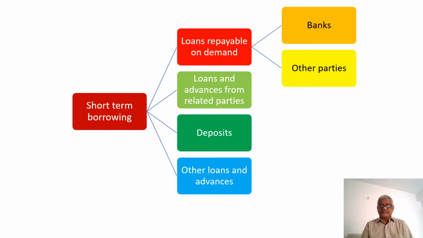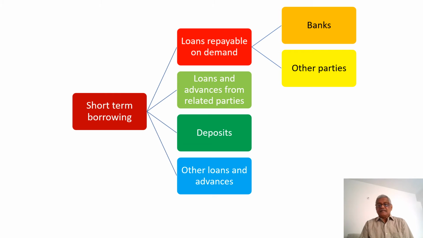Friends and relatives can give a short-term loan. Any group firm or group company can give a short-term loan. Or any firm or company where the director is a partner or a director can also give a loan. But subject to the condition that the repayment period does not exceed 12 months, such advances are classified as short-term borrowing within current liability.